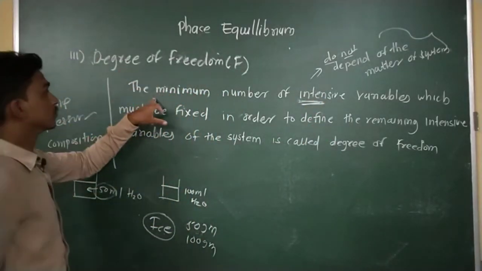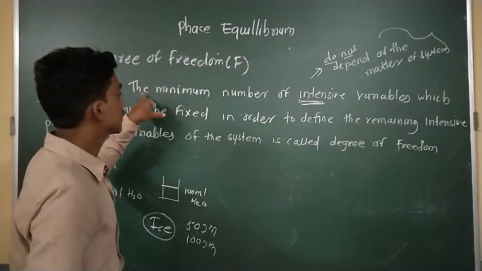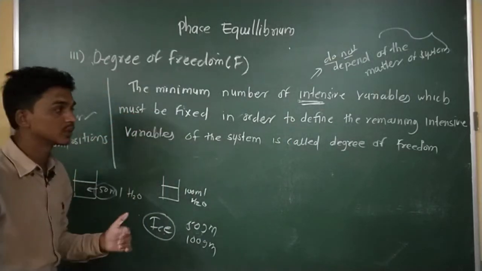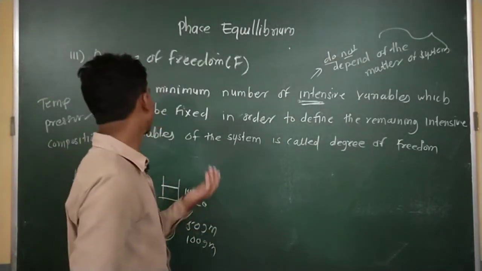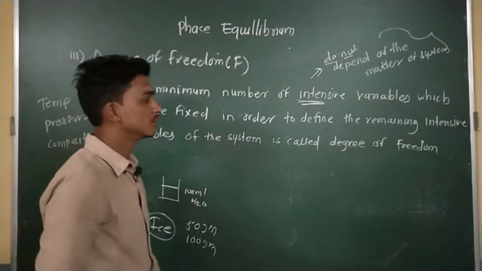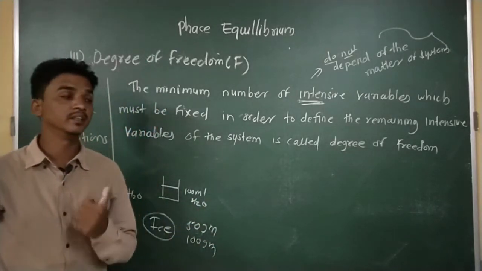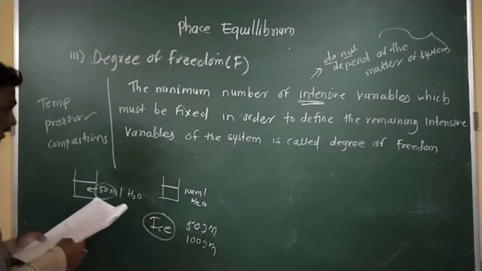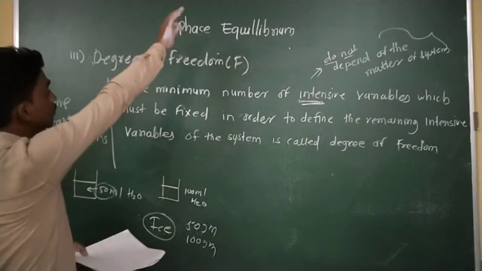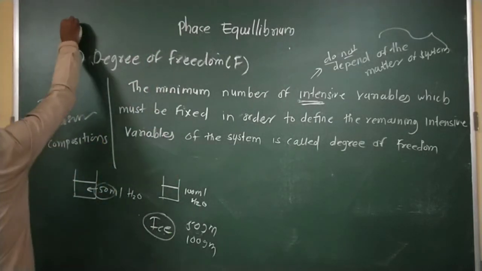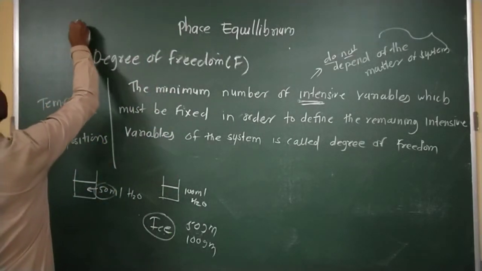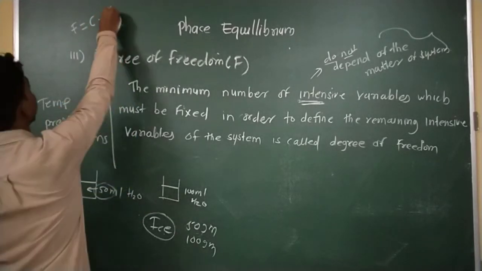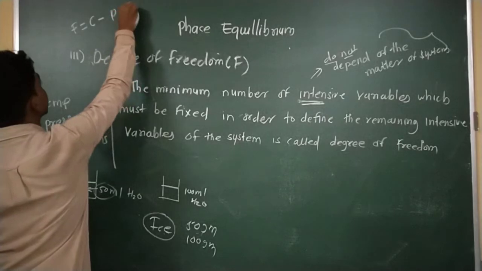So the definition of degree of freedom is the minimum number of intensive variables which must be fixed in order to define the remaining intensive variables of the system. It is called degree of freedom. All these things are the phase rule, a simple equation. The phase rule relates the degree of freedom to the number of components and the number of phases plus 2.